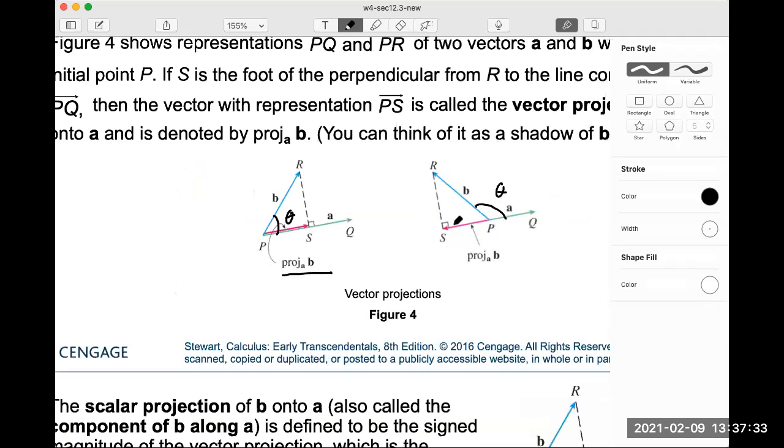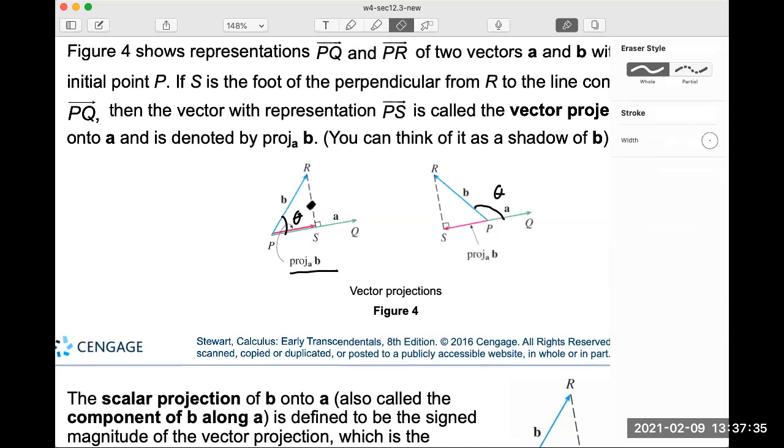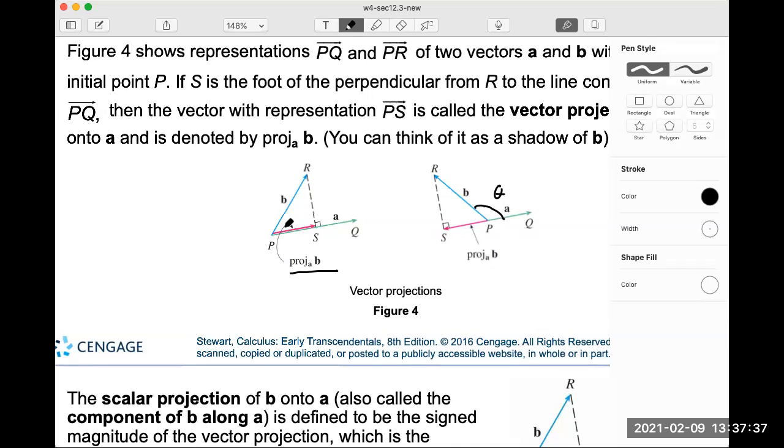Okay, now Pythagorean theorem. Look at this triangle. If theta is this angle, what is cosine of theta?